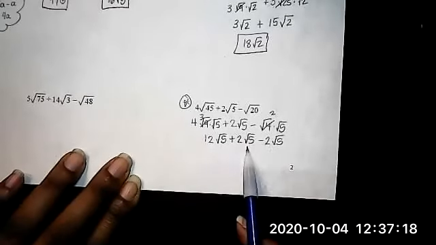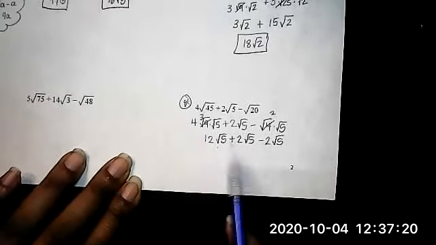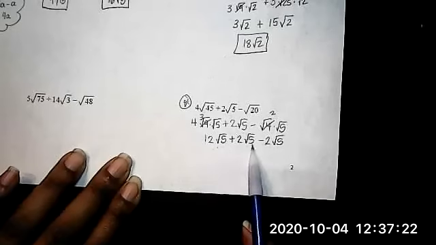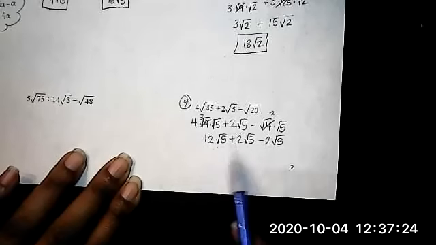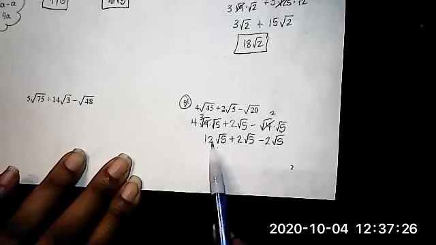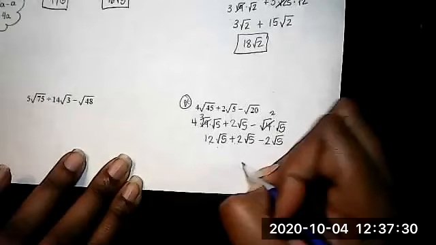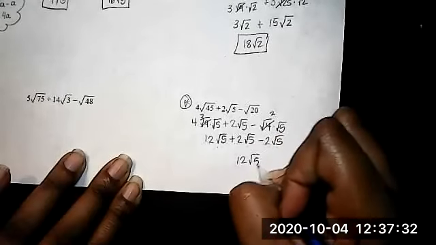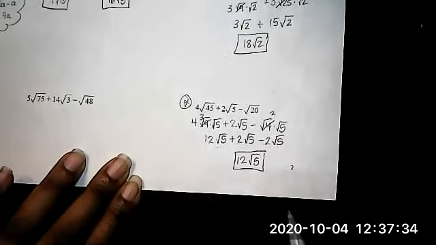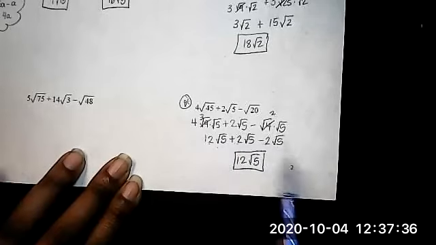All of these have the same radicals. Since they do, you can add or subtract the numbers in front. So 12 plus 2 is 14, minus 2 is 12. So this all becomes 12 times the square root of 5. We combine those because they have the same radical.